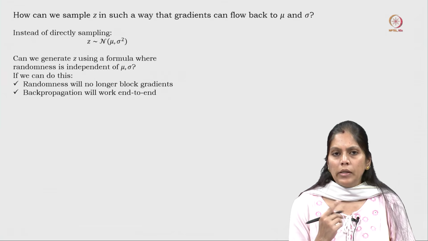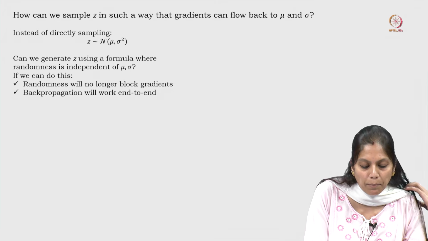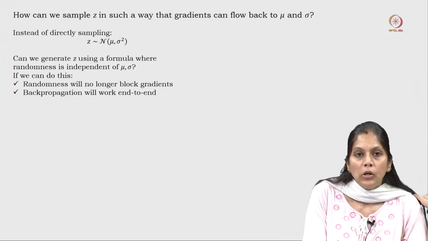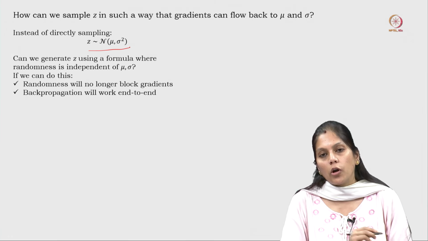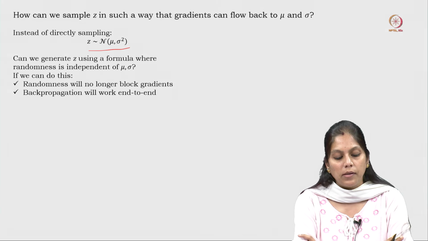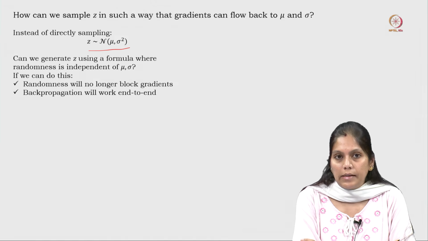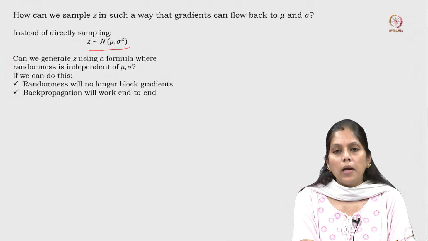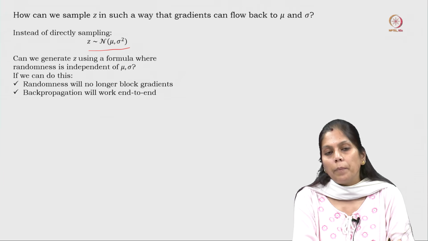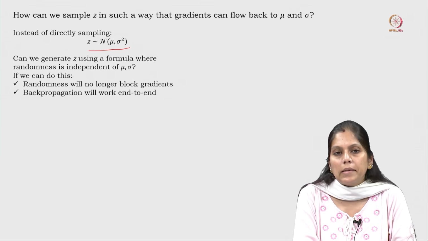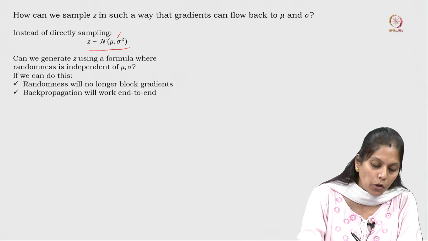Rather than directly writing that z is sampled from the normal distribution, the problem is exactly in this formula, where z is sampled from this distribution. There is a randomness in this formula. Why is there randomness? Because z is randomly drawn from this particular distribution.